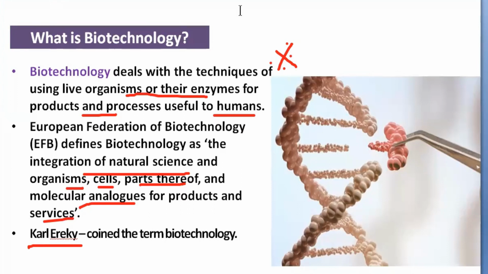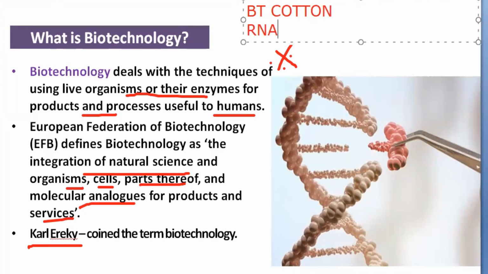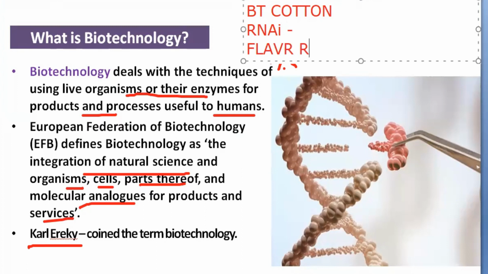You would have already learnt about BT cotton, isn't it? Bacillus thuringiensis, then RNA interference, Meloidogyne incognita. So these are the uses in agriculture. Then flavor saver tomato.